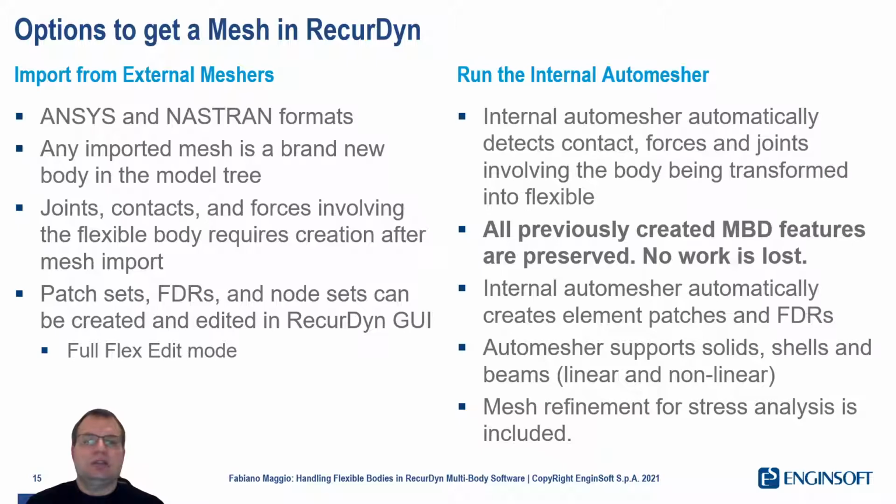So any work that you have done before is kept using the internal automesher. Nothing is lost. Additionally, you save time because you skip all the mistakes that might arise by importing entities created outside. This is very common.